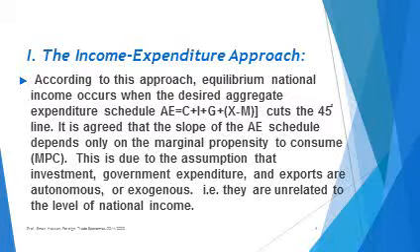It's agreed that the slope of the AE schedule depends only on the marginal propensity to consume (MPC). This is due to the assumption that investment, government expenditure, and exports are autonomous or exogenous in every time, they are unrelated to the level of national income.